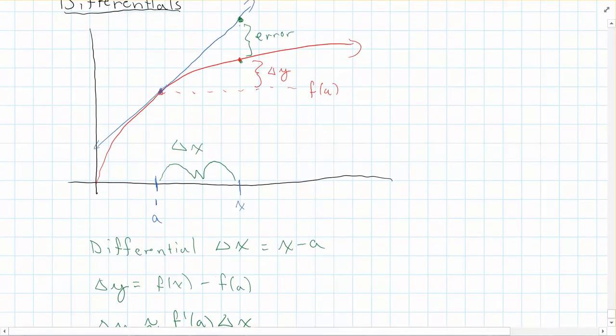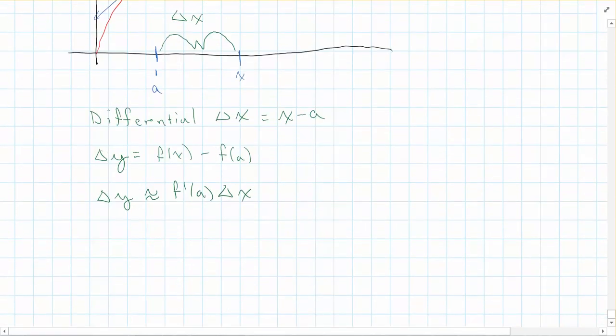Because f prime at a times delta x is the distance from the linear approximation all the way down to f at a. And again, we have this error here, but they're essentially the same.